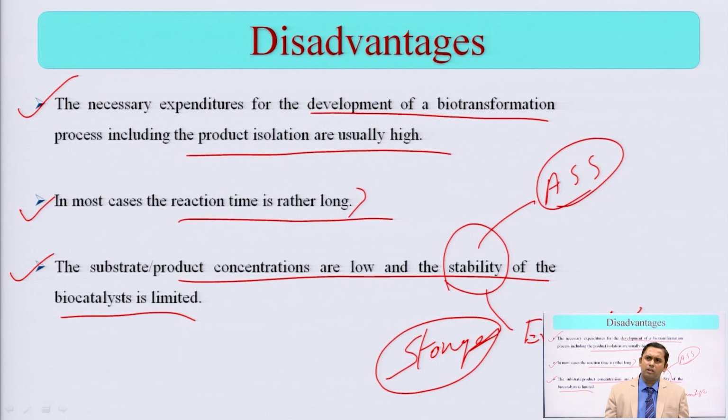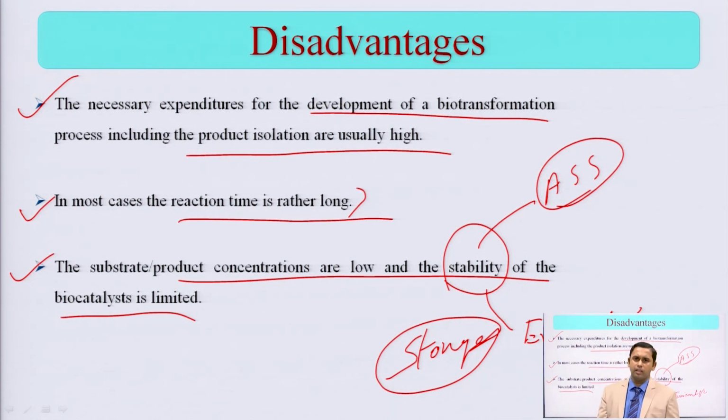In the US, China, Japan, Korea, Singapore or European countries, they are widely using microbial biotransformation to get their desired products. They are not relying on synthesis, that is, organic chemistry synthesis. So, yes, right now due to lack of technology there might be some disadvantages, but you can minimize those disadvantages if you do more and more research, if you spend more and more time to get new technology or a new way of working.